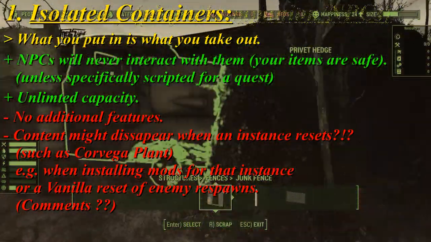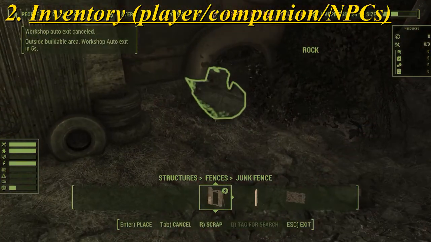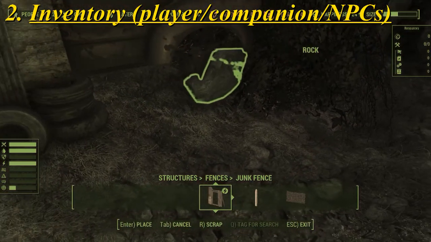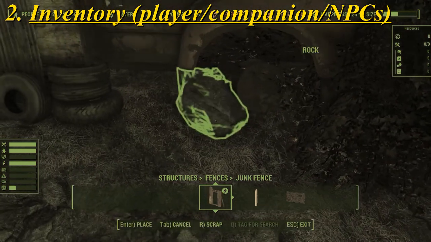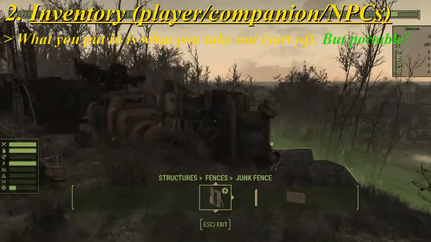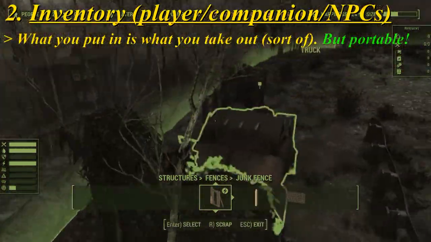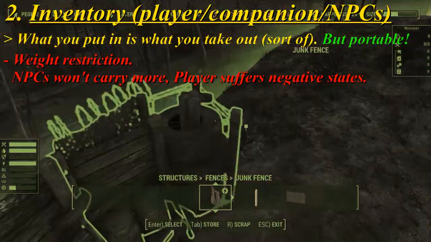Class 2 is inventory, or personal inventory and NPC inventory. These are slightly different, but pretty much work on the same principle. Pretty much as the isolated container, what you put in is what you take out. However, they are restricted. They have a weight limit.